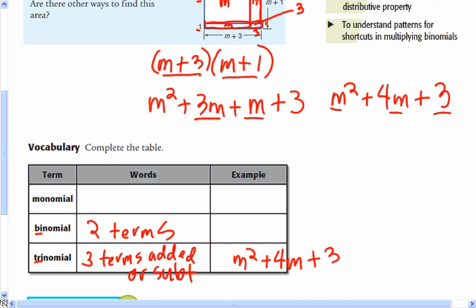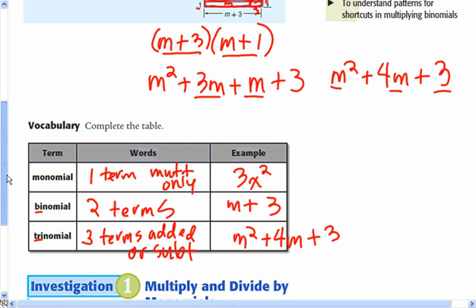So two terms, like m plus 3. And a monomial is just one term, and a term can be any combination of numbers and variables that only have multiplication. So multiplication only. That would be something like 3x squared. It's a monomial. So kind of focus on those terms so that when I say them, you understand.